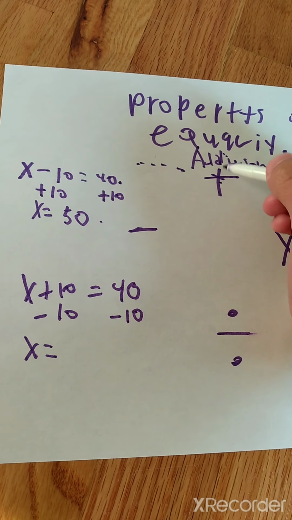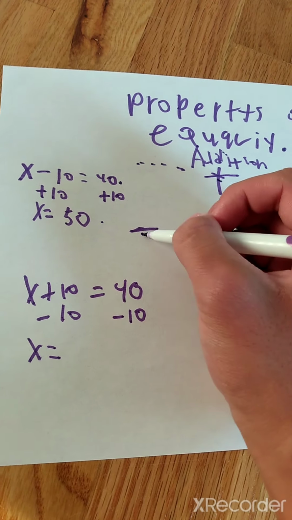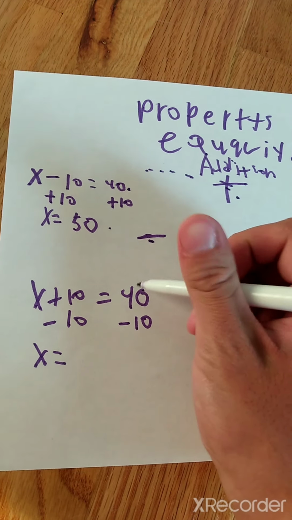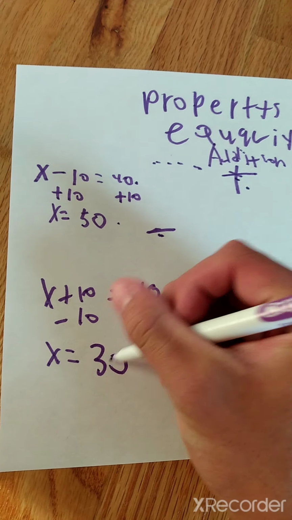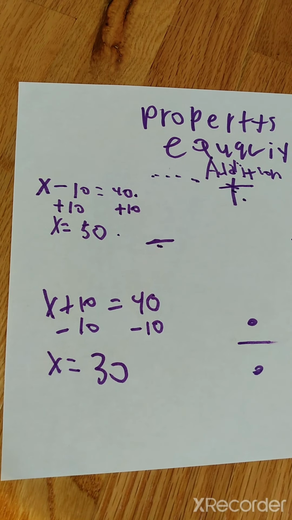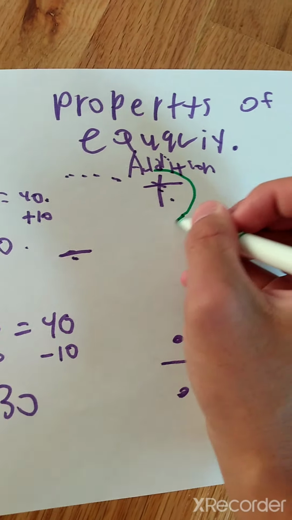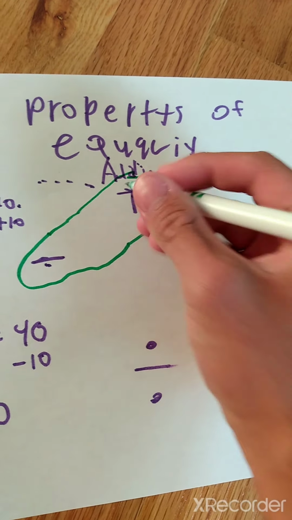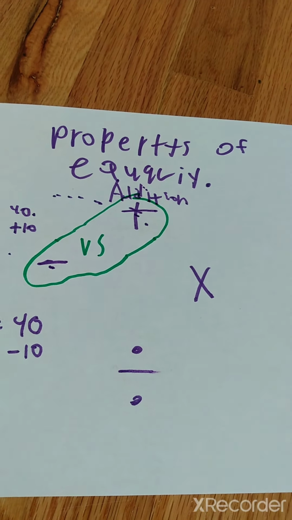So when you have an addition, it'll become a subtraction, and if you have a subtraction, it'll become addition. So pretty much, we subtract both sides. And 40 minus 10 is 30. For this scenario, x will equal 30. This can tell us that the addition sign is going to be arch enemies with the subtraction sign when it comes to properties of inequality.